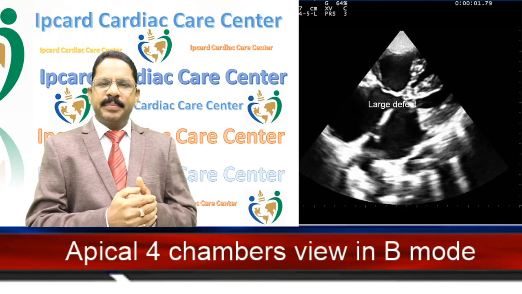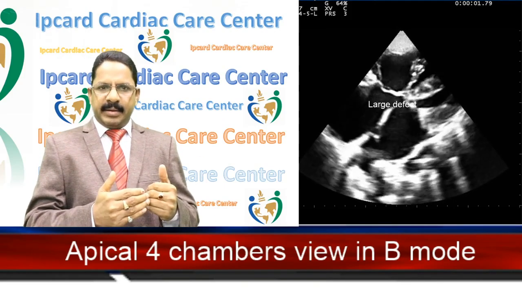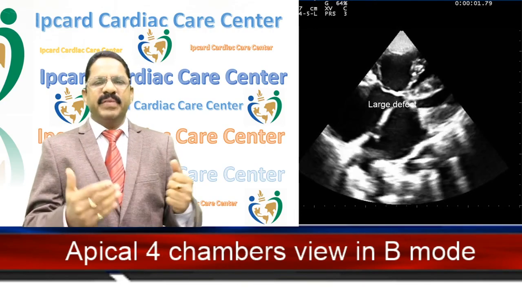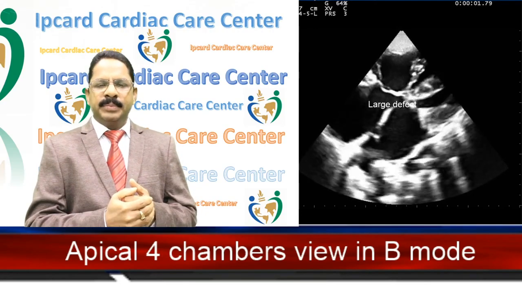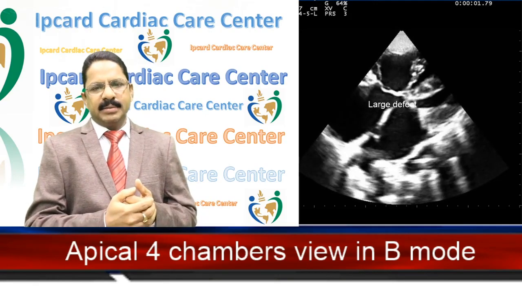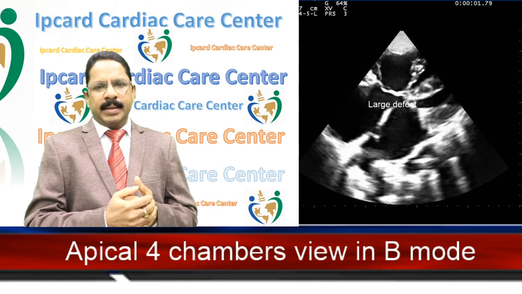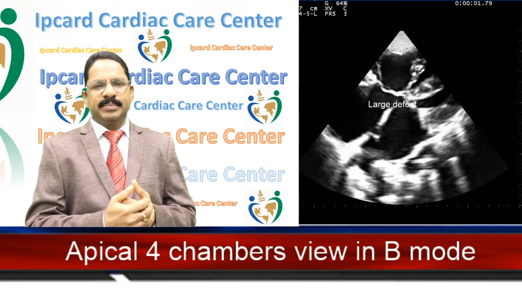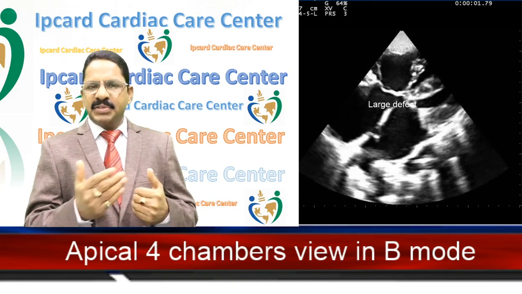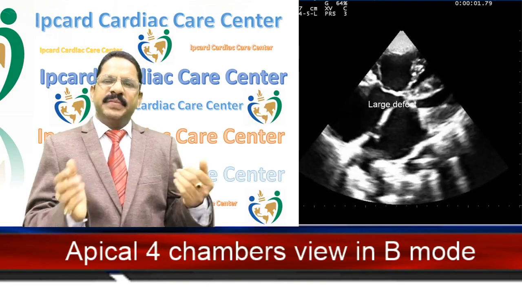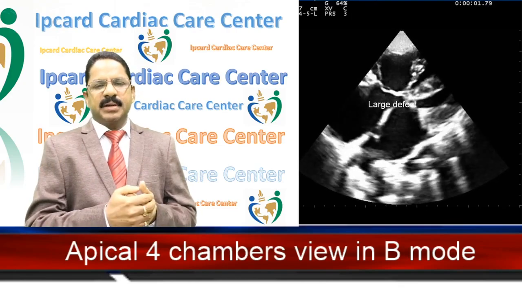As I said before, she had recurrent chest infections, poor weight gain, lack of appetite and lethargy, and she had irreversible pulmonary hypertension. This was diagnosed 10 years back. She was not fit for surgical closure of this complex defect.